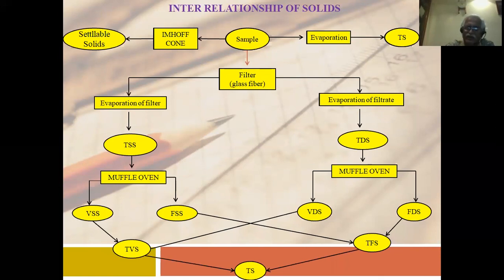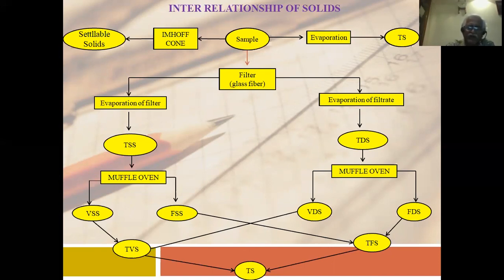The difference between the two, the weight of the beaker plus 100 milliliter water and the weight of the beaker plus total solids, is your total solids. Here again, if you take the filter paper, evaporation of the filter, you get the total suspended solids.